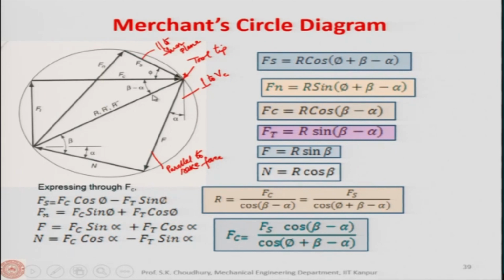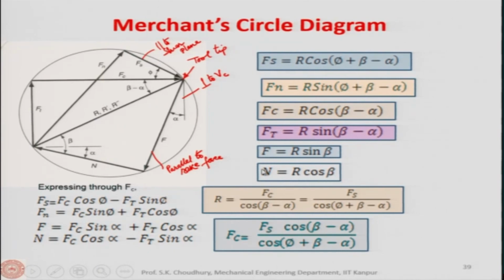Since it is 90 minus beta, F is equal to R prime sine of beta, or the cos of 90 minus beta. Similarly, perpendicular to that is N, the normal force. If it is sine beta, this will be cos beta, because it will be R sine of 90 minus beta, so R cos beta.